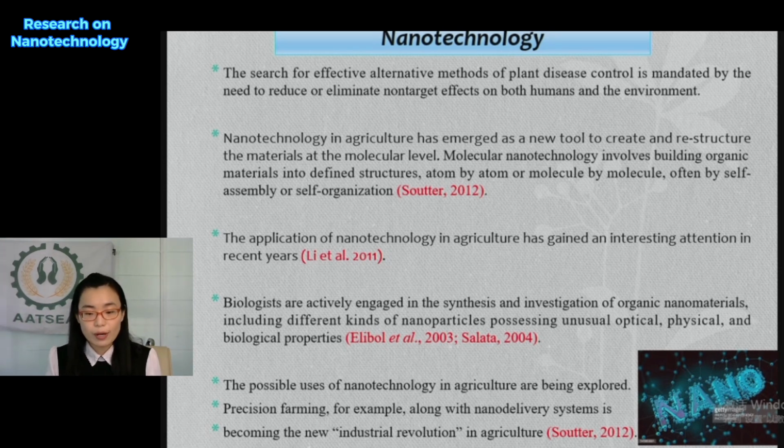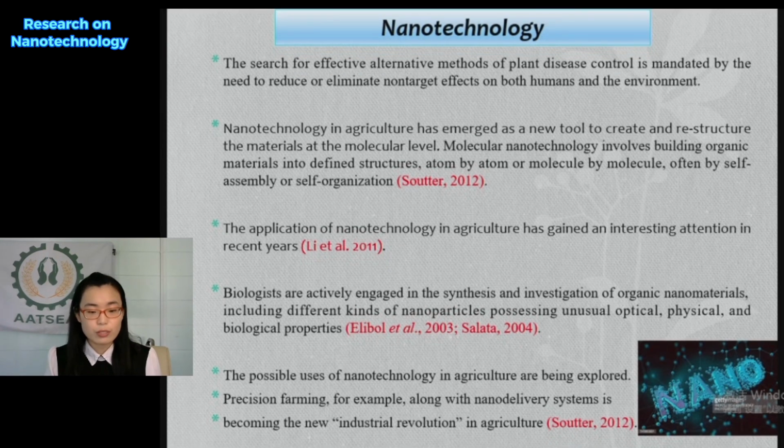Molecular nanotechnology involves building organic materials into defined structures, atom by atom or molecule by molecule, often by self-assembly or self-organization. The application of nanotechnology in agriculture has gained interesting attention in recent years.